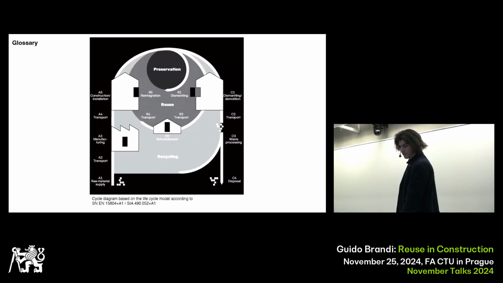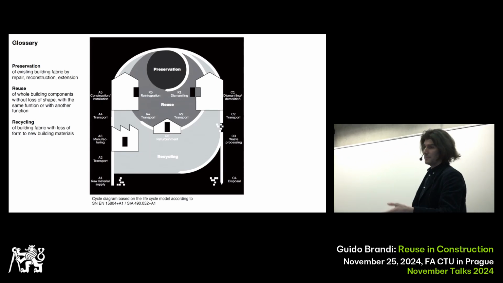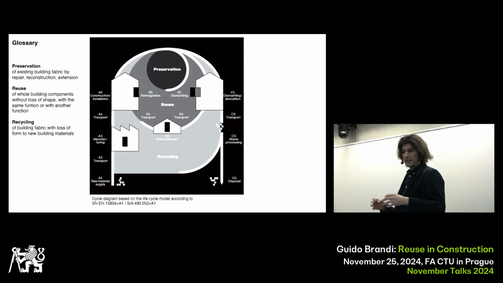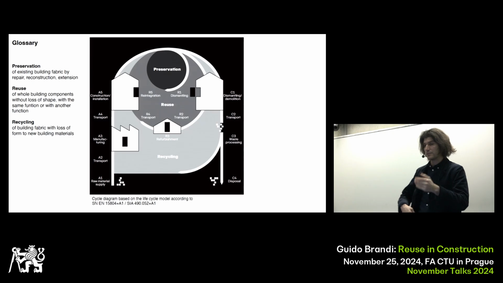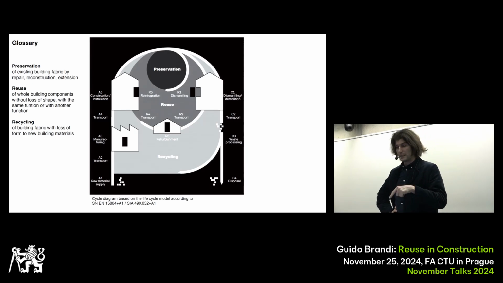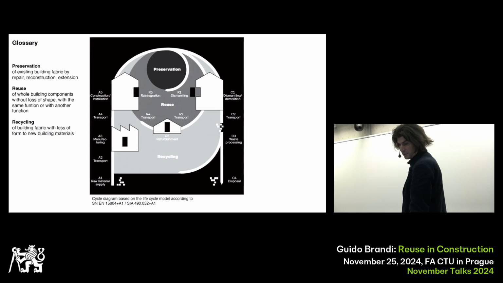So, as I said, a glossary. As you see here, this scheme is a cycle diagram based on the life cycle model according to the European law. It's interesting to see that when we speak about construction, we normally speak about a linear process. There is a raw material supply, then a transport to a manufacturer, and then a transport to the construction site.